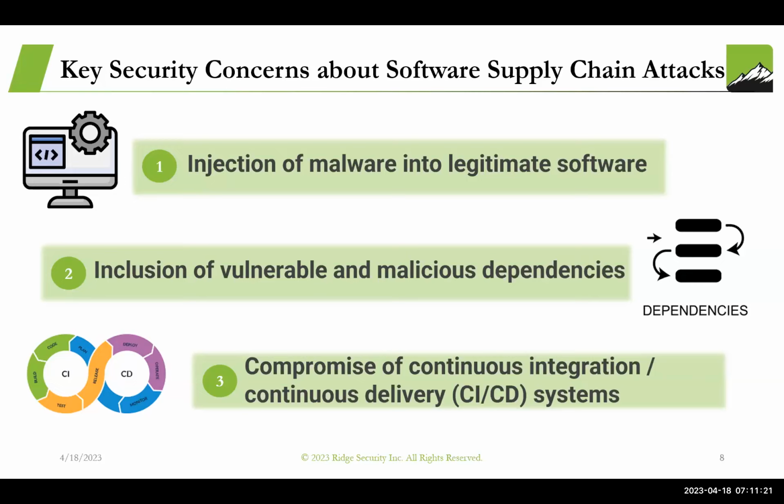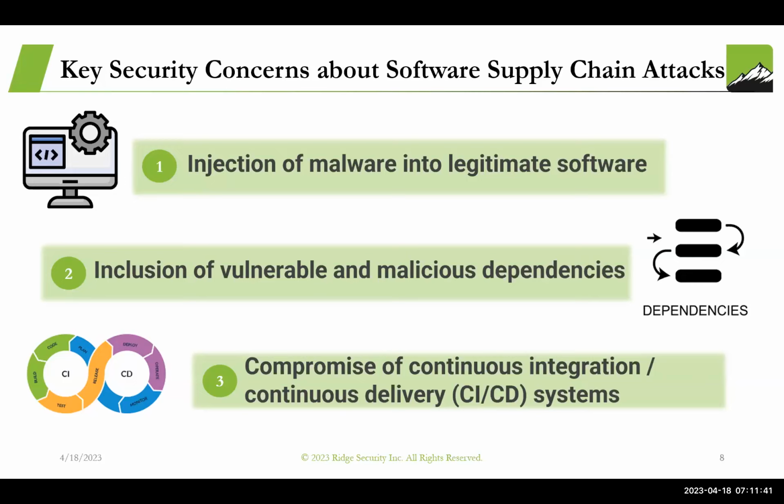These days, all apps use a large number of dependencies, such as web app frameworks or a variety of third-party libraries. So the second possibility is that malware can be injected into any of these dependencies.